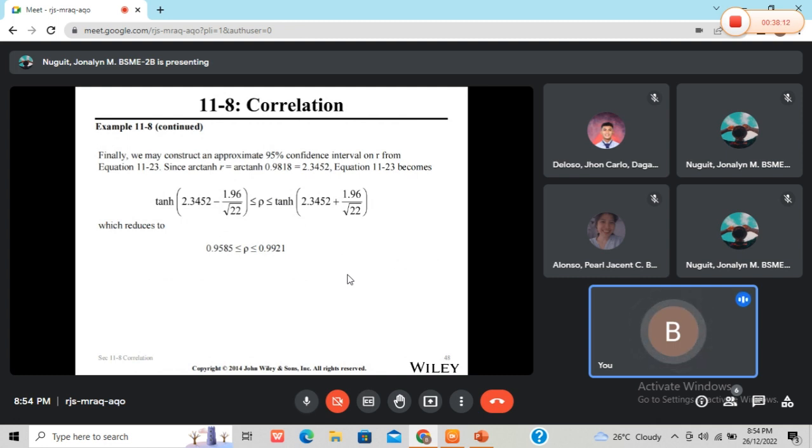Equation 11-23 becomes the hyperbolic tangent of the quantity 2.3452 minus 1.96 over the square root of 22, less than or equal to rho, less than or equal to the hyperbolic tangent of the quantity 2.3452 plus 1.96 over the square root of 22, which reduces to 0.9585 less than or equal to rho less than or equal to 0.9921.